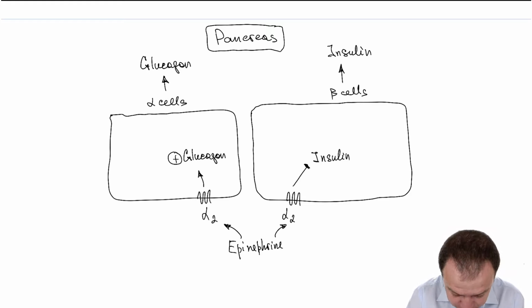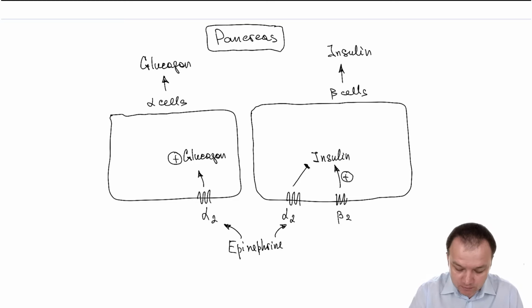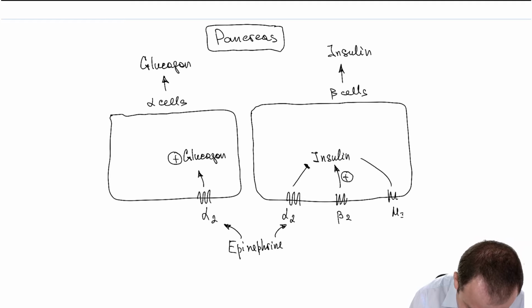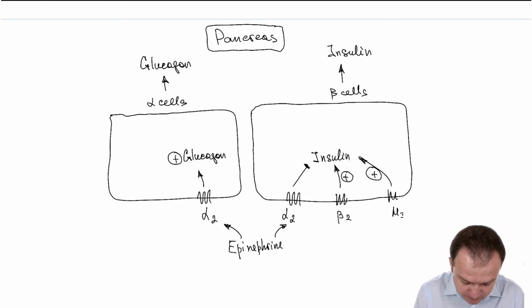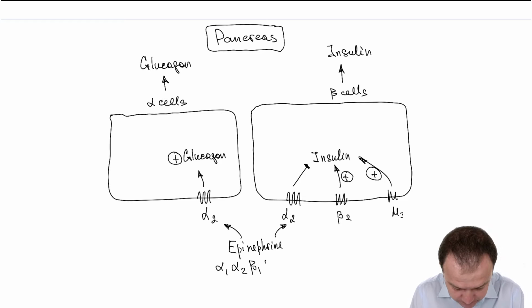But stimulation of beta 2 adrenergic receptors stimulates insulin production. Also, stimulation of M3 receptors stimulates insulin secretion. But here's the interesting thing: epinephrine produces action on alpha 1, alpha 2, beta 1, and beta 2 receptors.